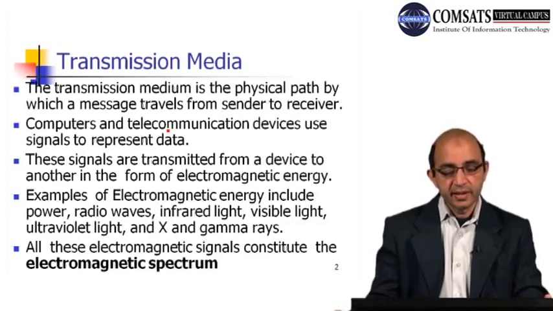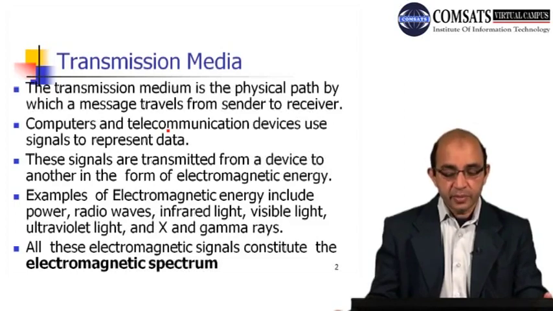The signals are transmitted from one device to the other in the form of electrical pulses if we have the physical media, the guided media. Or we can also say that the signals are transmitted from source to destination in the form of electromagnetic radiation or electromagnetic energy.